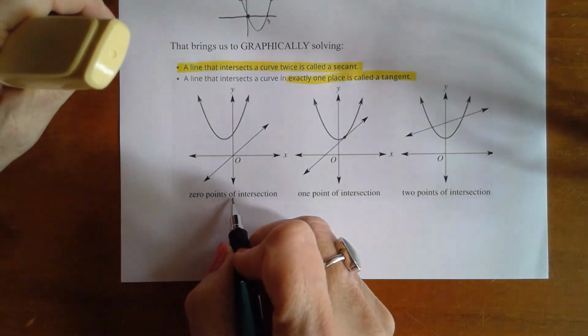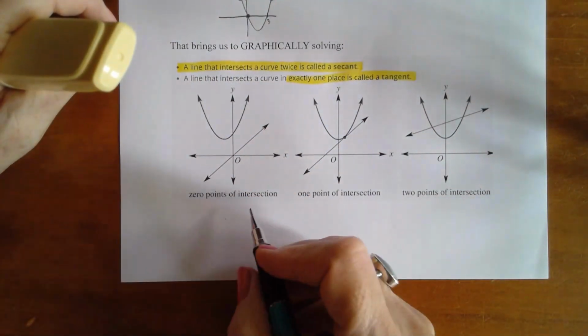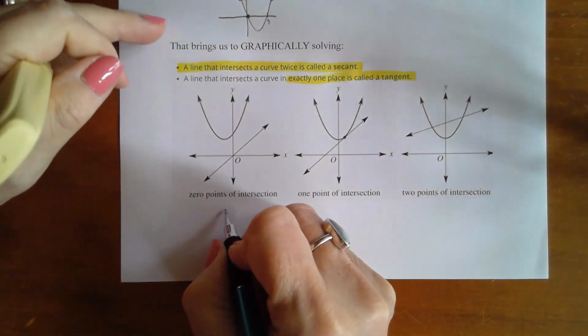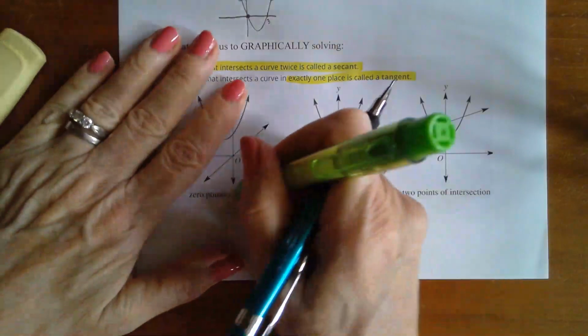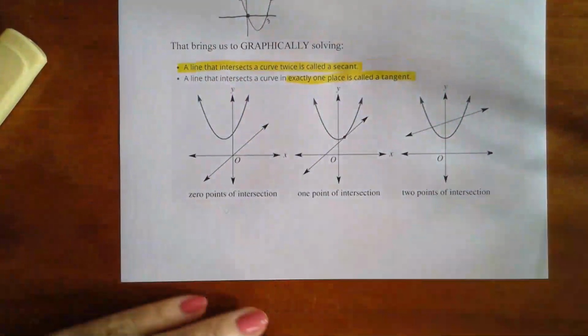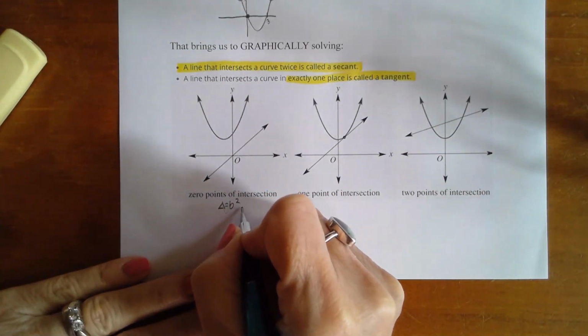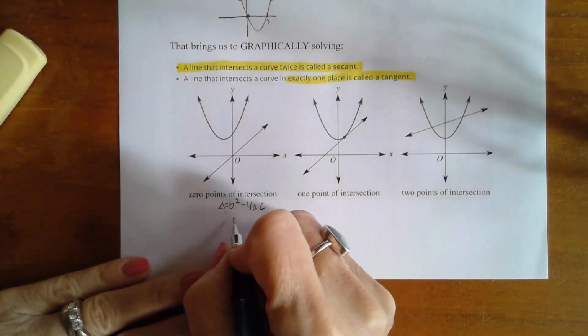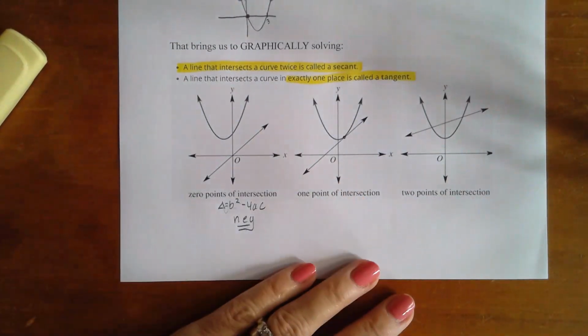So when I solved the quadratic equation where I set those two equations equal, I would get a negative under the square root. That would mean that the b squared minus 4ac, the discriminant, would be negative in this instance if I was solving the simultaneous equations.